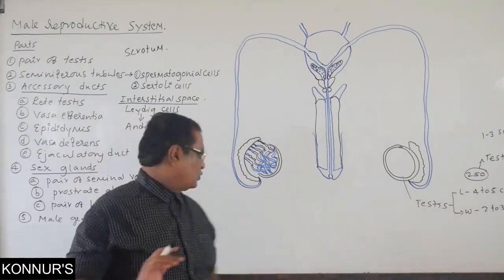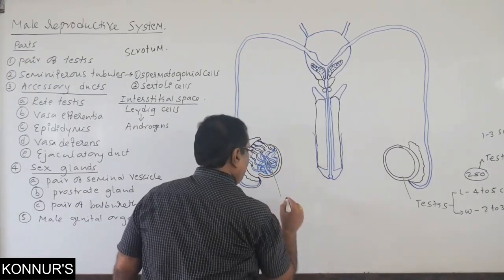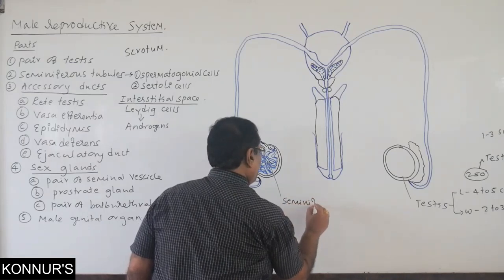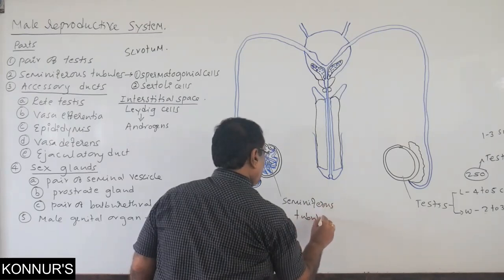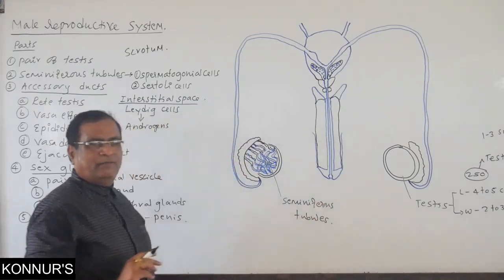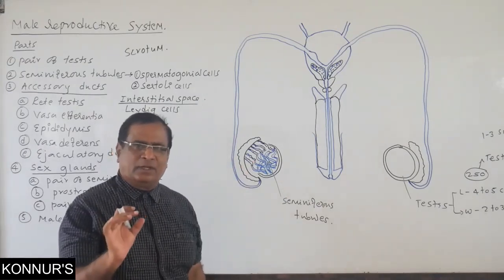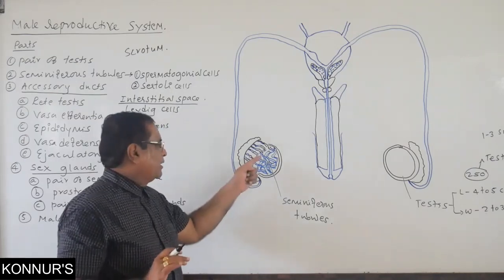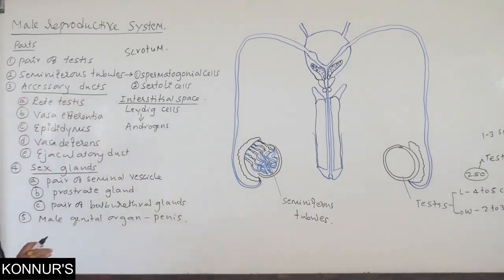It's about seminiferous tubules. These seminiferous tubules are packed here in the testes. Once the sperms are produced in the seminiferous tubules, they are passed through the accessory ducts.